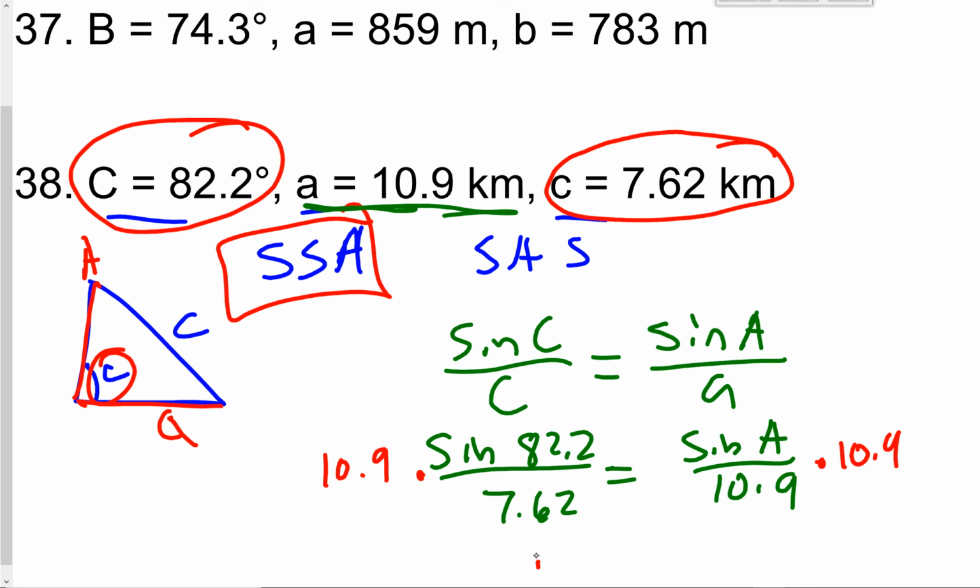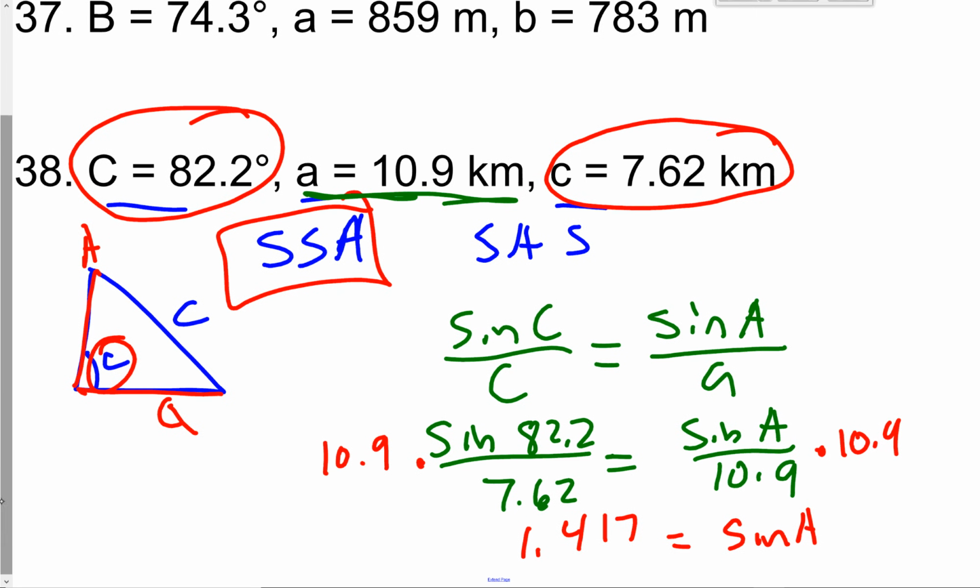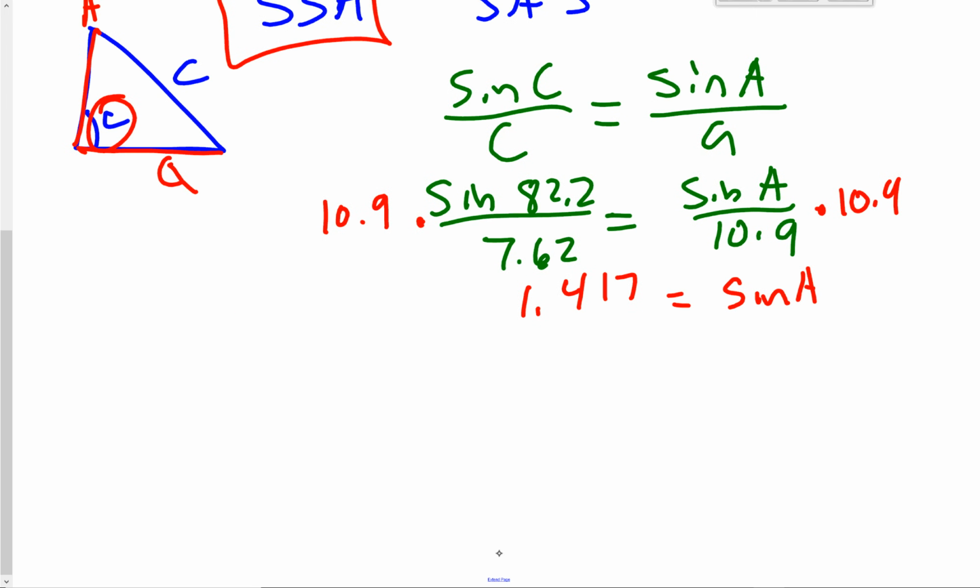Okay, and I get 1.417, and it keeps on going. So I'm going to leave those numbers in my calculator. I'm not going to write them all out here. That equals sine of A. Well, I actually want angle A, so I'm going to do the inverse, sine inverse of this answer, which is the 1.47. But I want to leave that in my calculator so it doesn't round it.